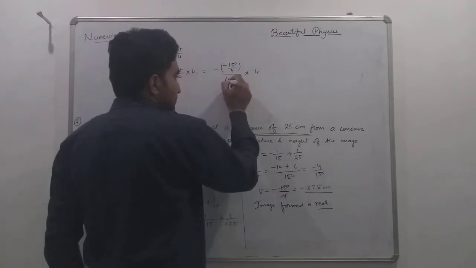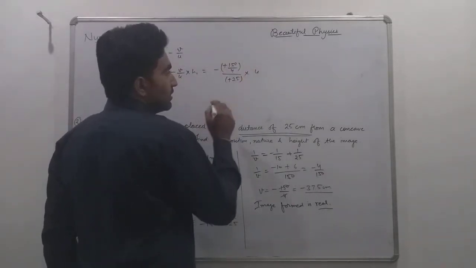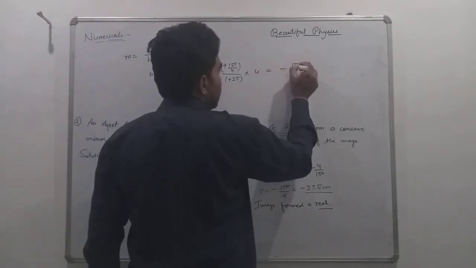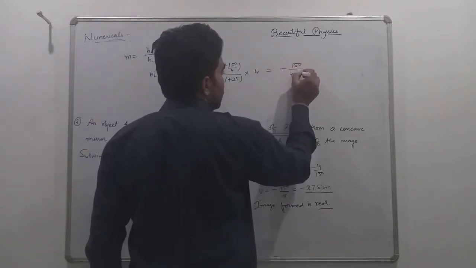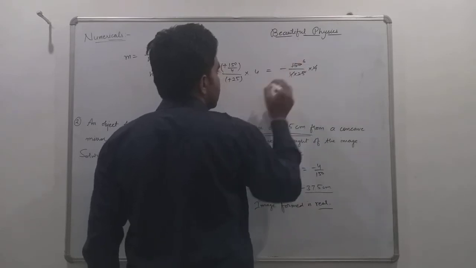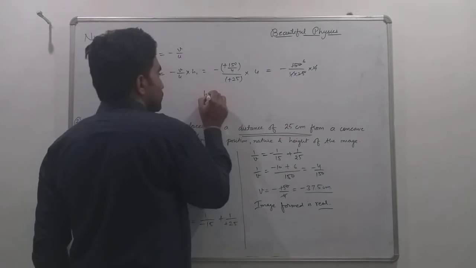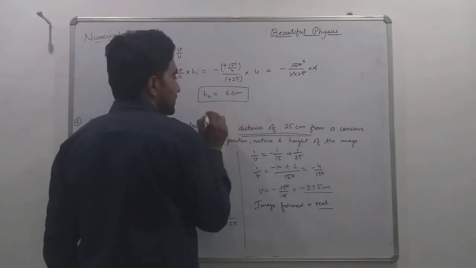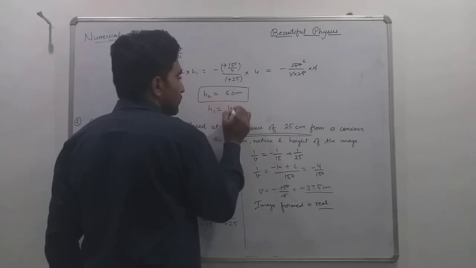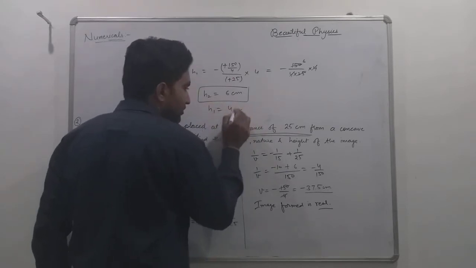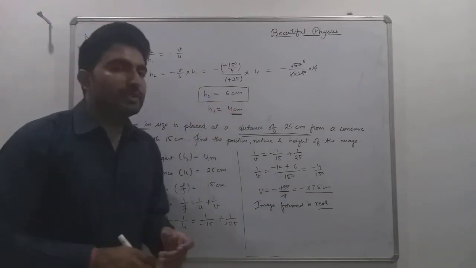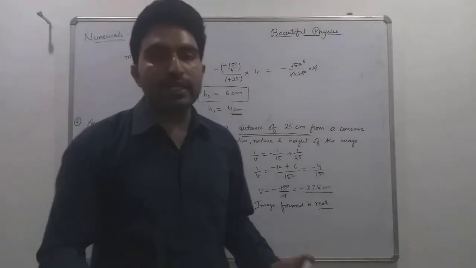Minus minus cancels out each other, so we have 150 divided by 4 into 25 multiplied by 4, the 4s cancel each other, and it will be 6. So h2 will be 6 centimeter. h2 is 6 centimeter and h1 is 4 centimeter. We can observe that the height of the image is greater than the height of the object, so the image formed is enlarged.